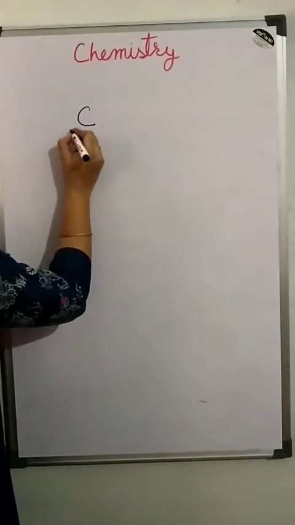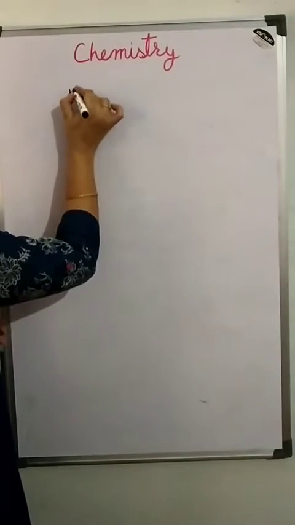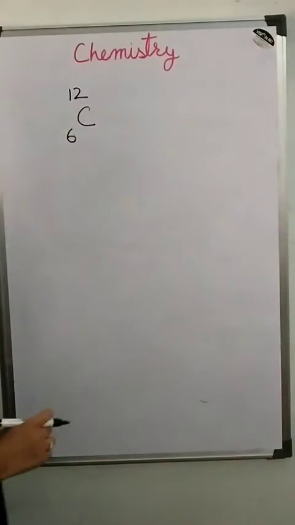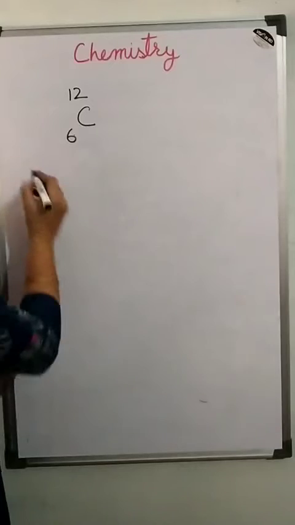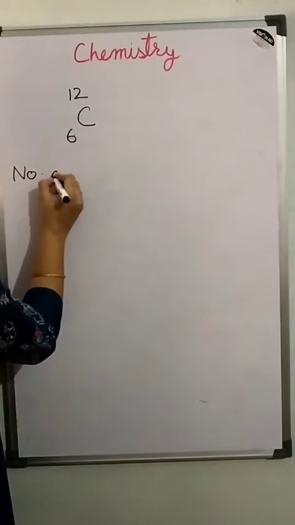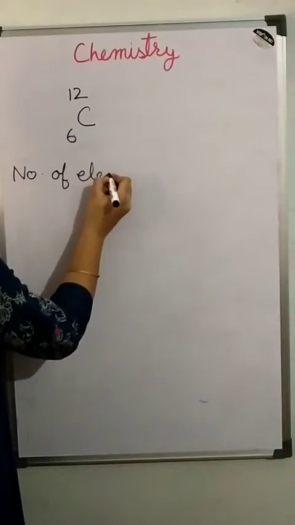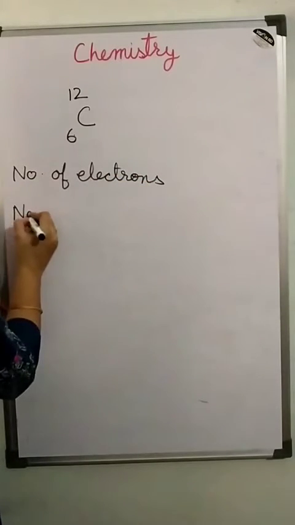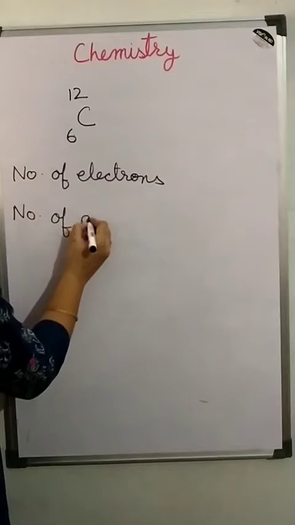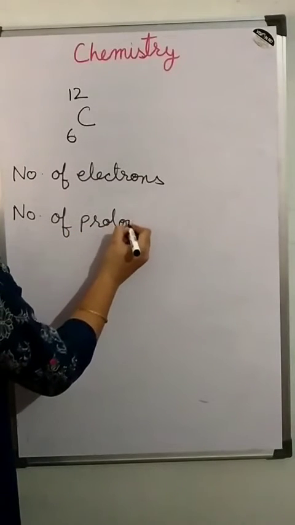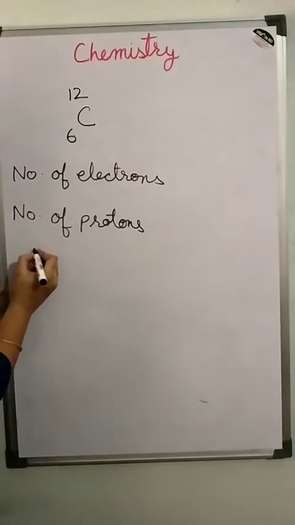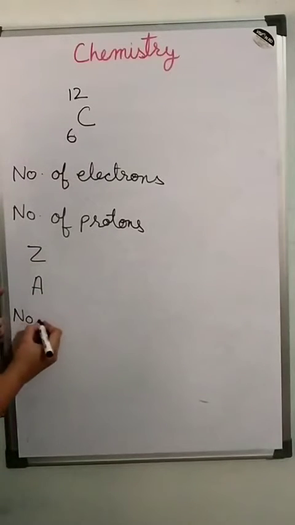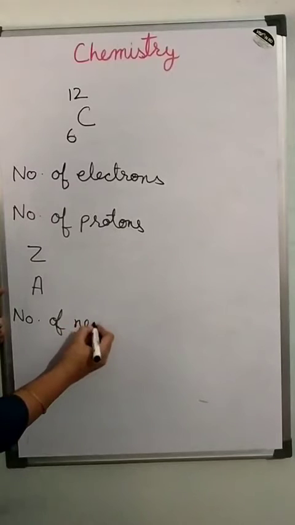Let's take one more example. This is given to us. From here we have to find the number of electrons, the number of protons, Z, A, and the number of neutrons also.